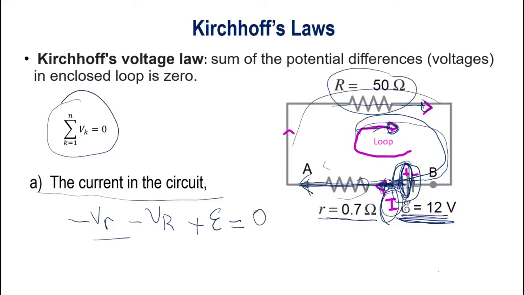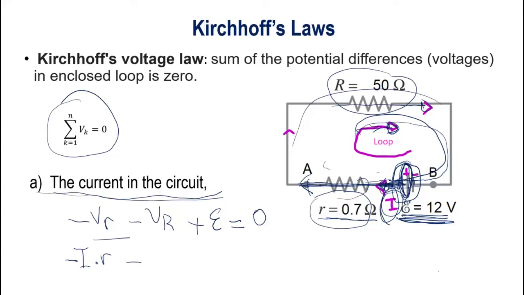Now the objective is to find the current. By Ohm's law, the potential difference in this resistor is the current through it times its resistance R. So VR is just I times R, and I keep my negative here.